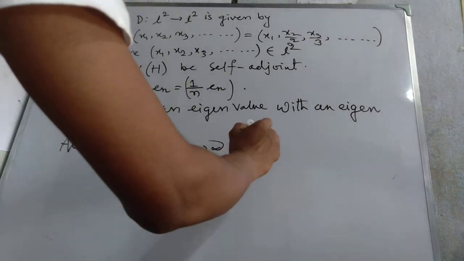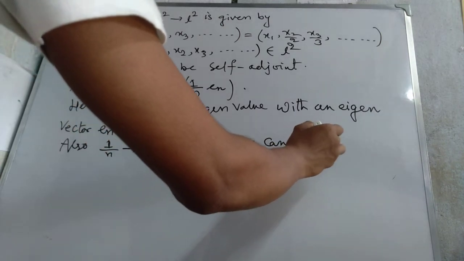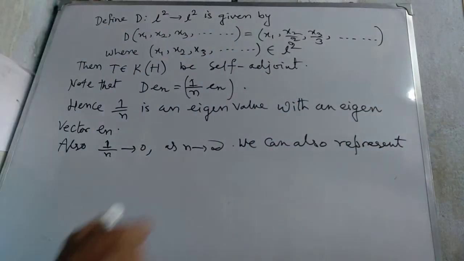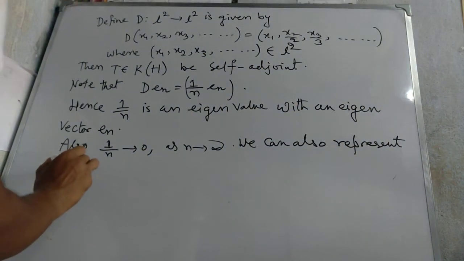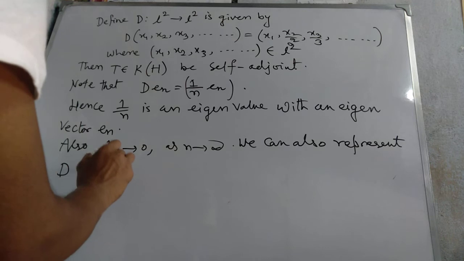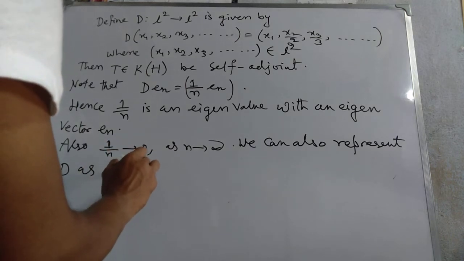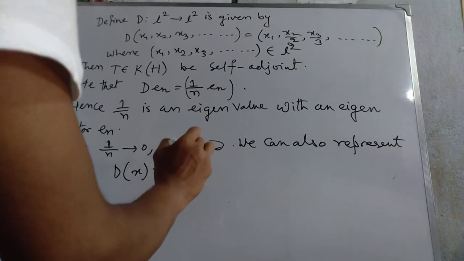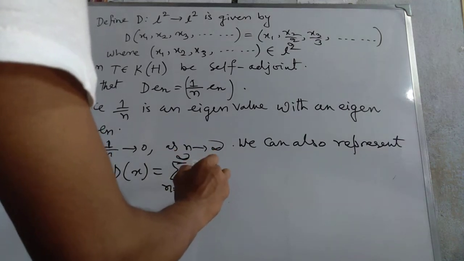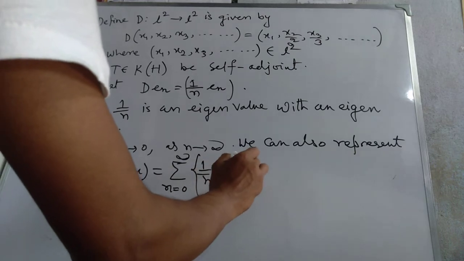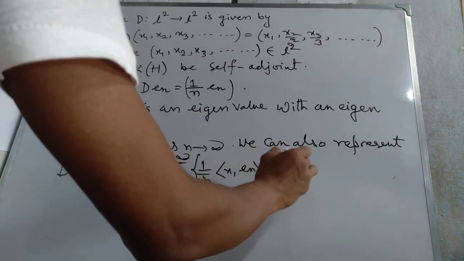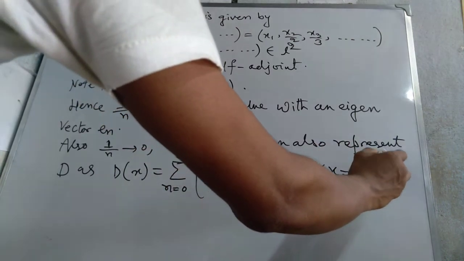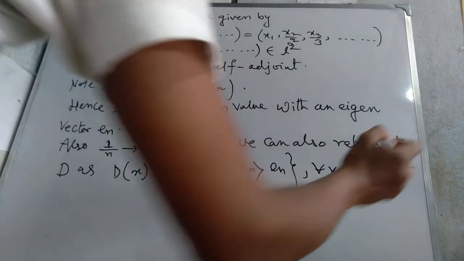We can also represent D as D of x equal to summation n equal to 1 to infinity of 1 by n inner product of x with en, times en, for all x belonging to L2.